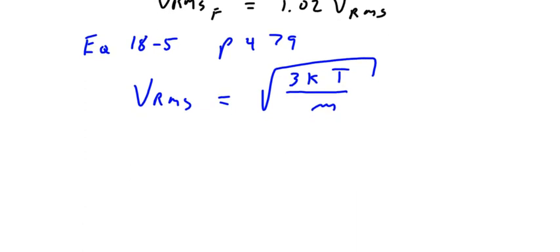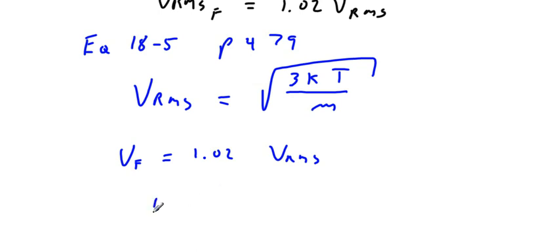Let me look at that real quick. Page 479. No, mass is in kilograms, so that's fine. Anyway, in any event, the velocity final is going to be 1.02 of the velocity RMS.